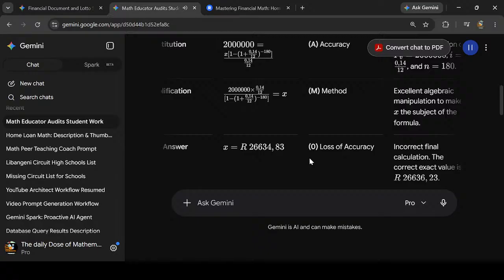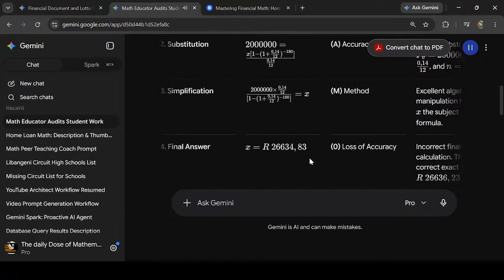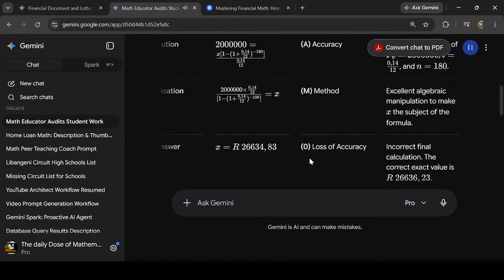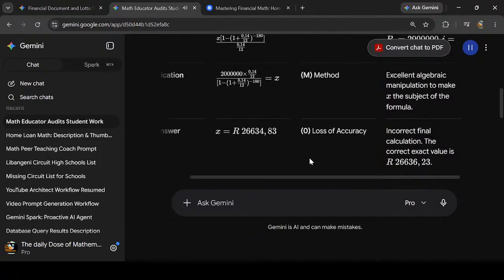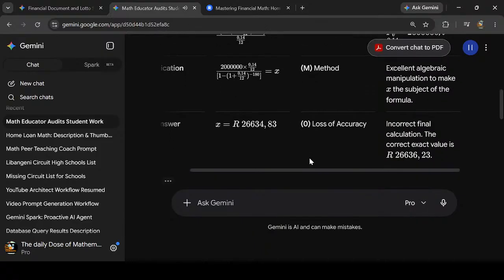Method mark: excellent algebraic manipulation to make x the subject. Step 4, final answer: x equals R26,634.83. Zero, loss of accuracy. Incorrect final calculation. The correct exact value is R26,636.23. Total score, 3 out of 4 marks.